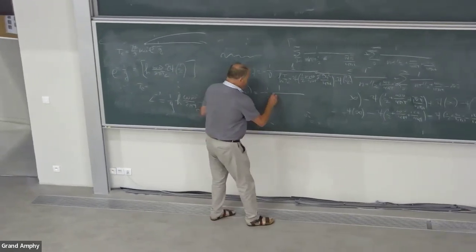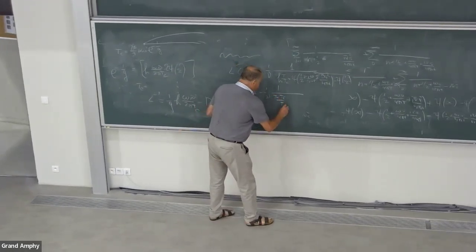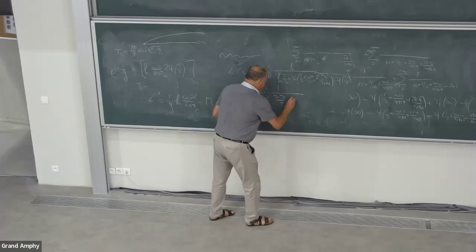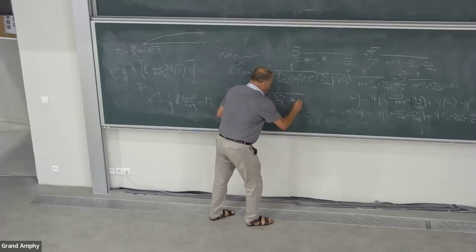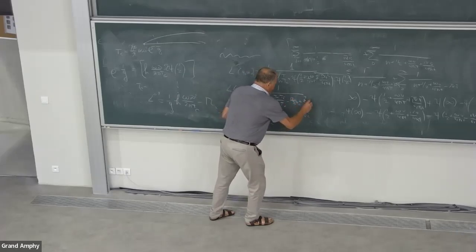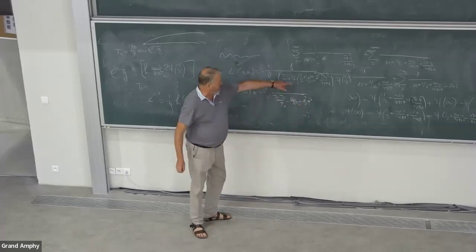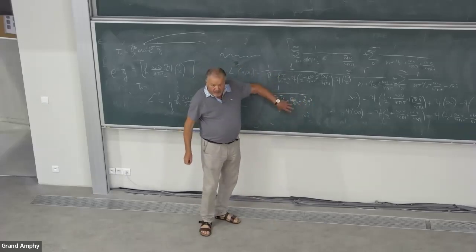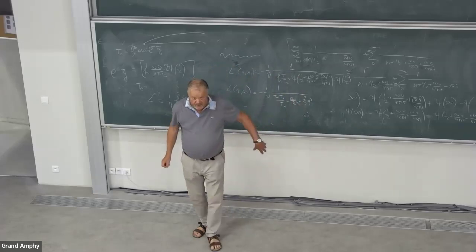So I will write T minus Tc over Tc minus pi omega over 8 Tc plus psi square Q square. This will be the propagator close to Tc.